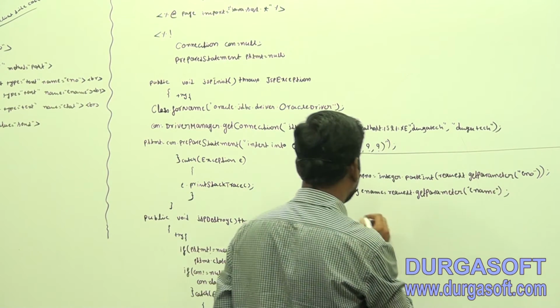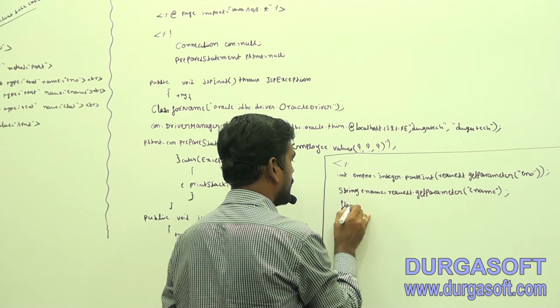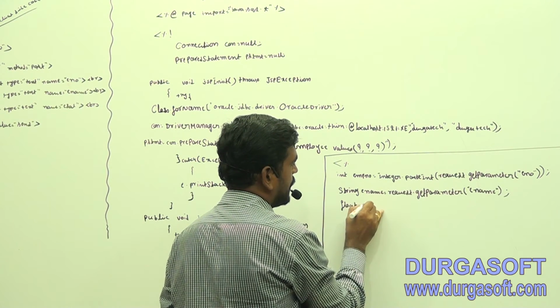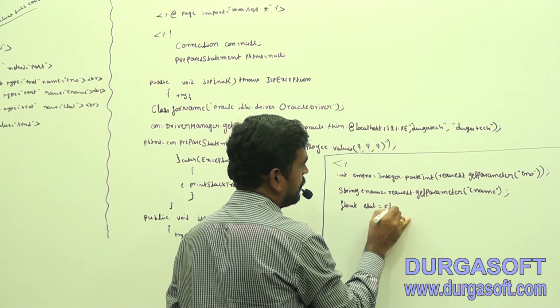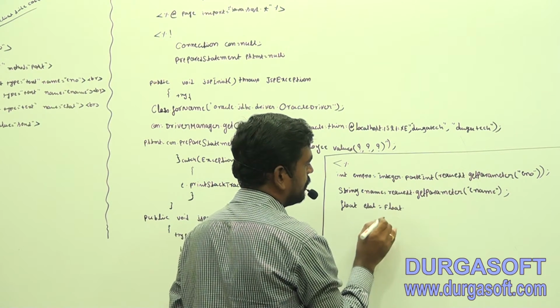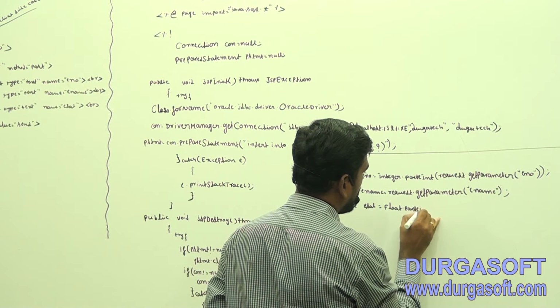Then next float esal is equal to Float dot parseFloat.